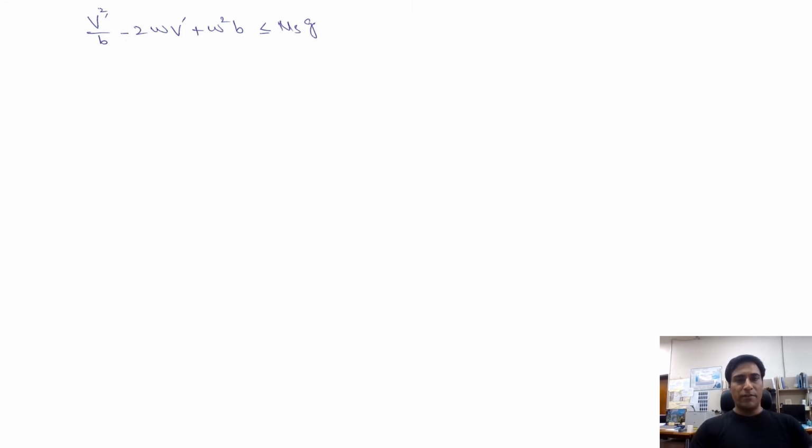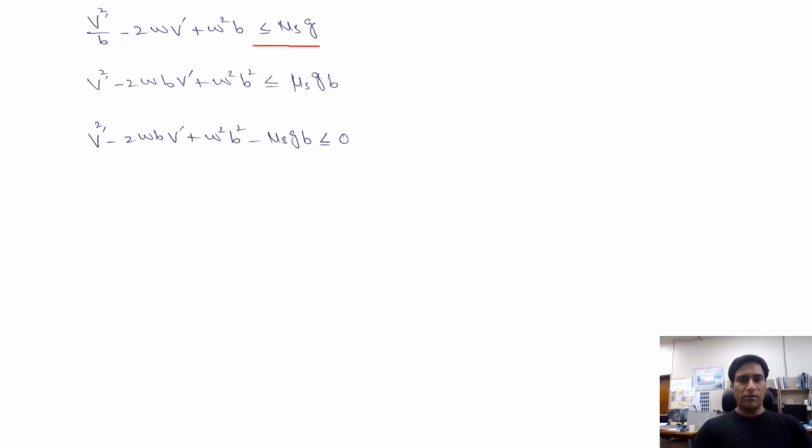With simplification, as we did in the previous part A, we follow the same calculation, and when we take this term on the left hand side, we get v dash square minus 2 omega b v dash plus omega square b square minus μs g b, which is less than or equal to 0.